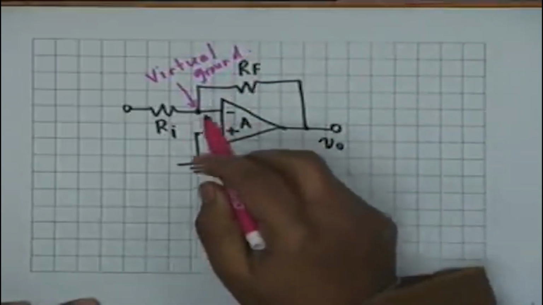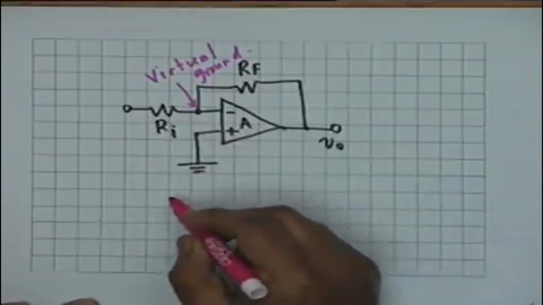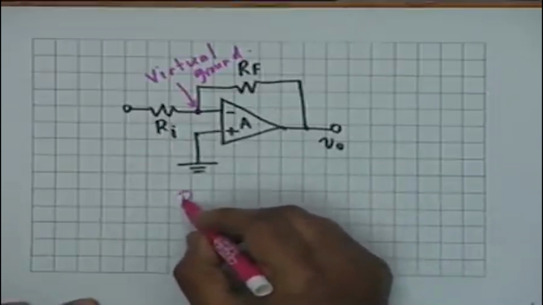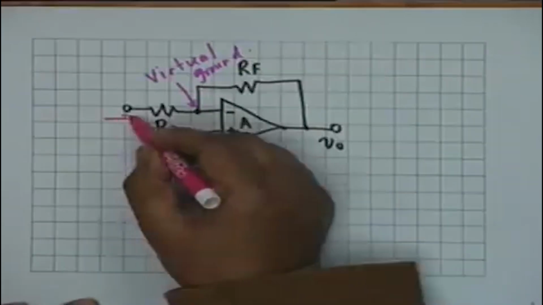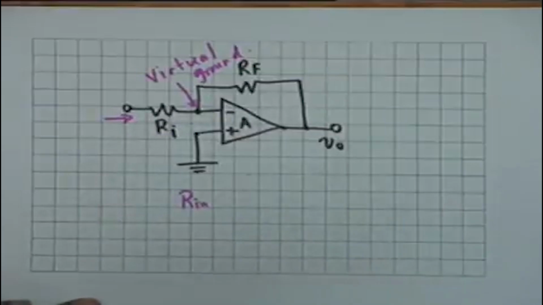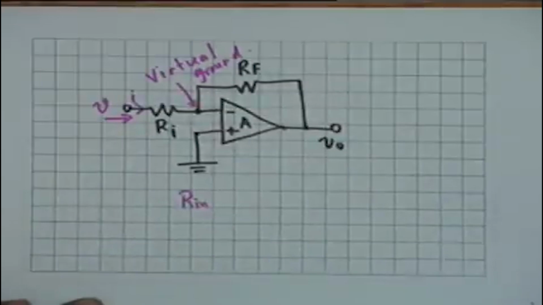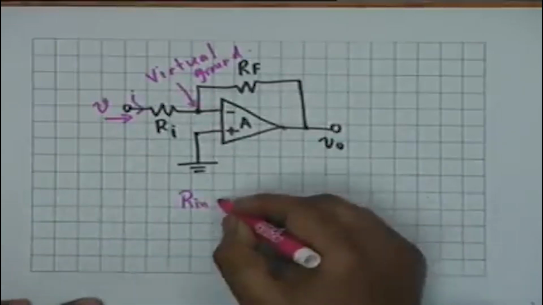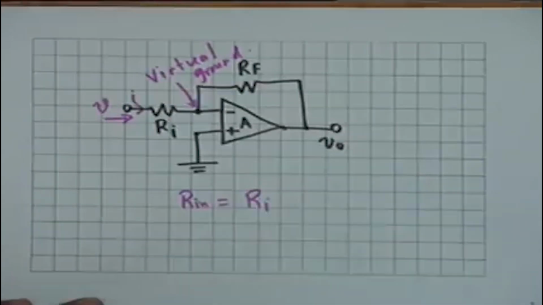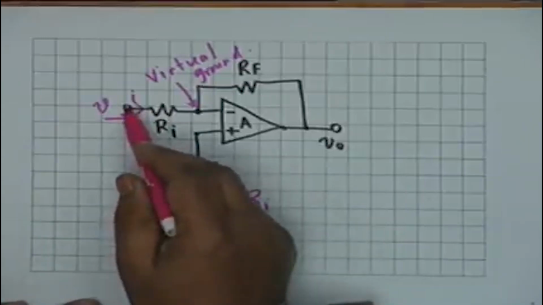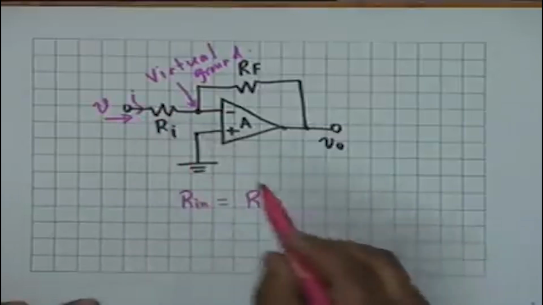Now, if this is a virtual ground, then obviously the input resistance Rin looking from here, which is the ratio of the voltage applied here to the current that goes in, is equal to Ri. The input resistance as faced by a source connected here shall be equal to this.